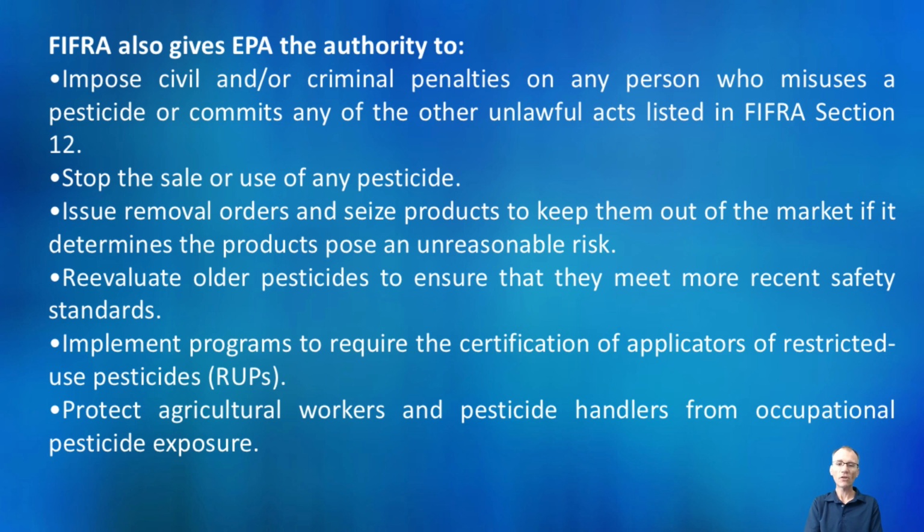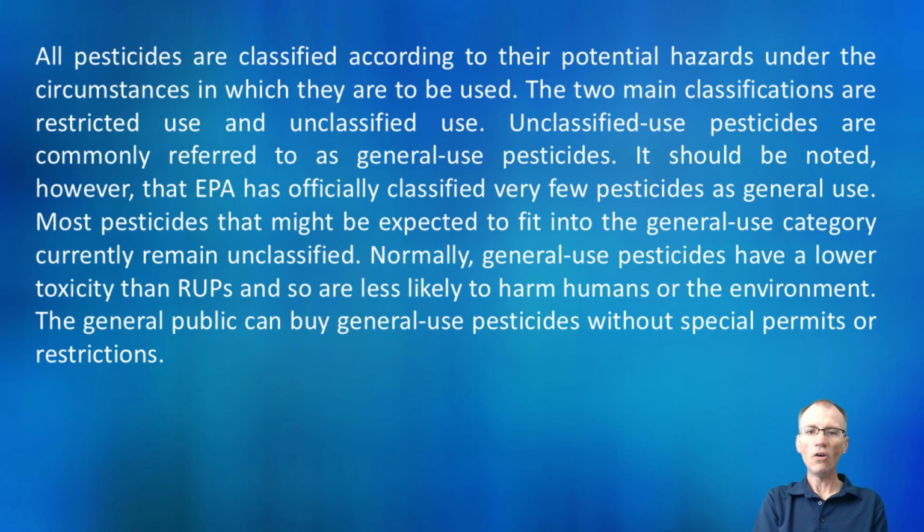Also, FIFRA has given the EPA authority to reevaluate older pesticides to ensure that they meet more recent safety standards. So basically, FIFRA is allowing the EPA to reevaluate pesticides as they go to ensure they are safe by today's standards. All pesticides are classified according to their potential hazards under the circumstances in which they are to be used. Two main classifications are restricted use and unclassified use.